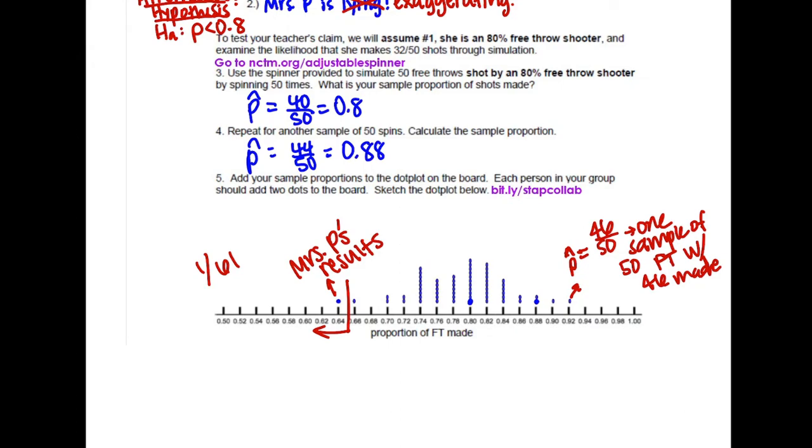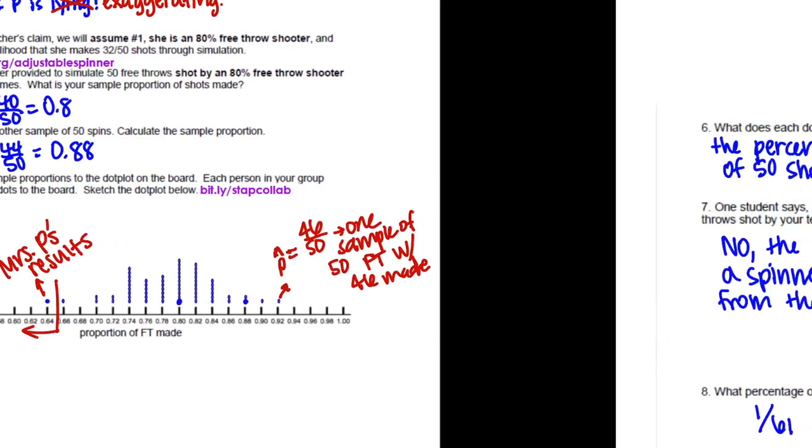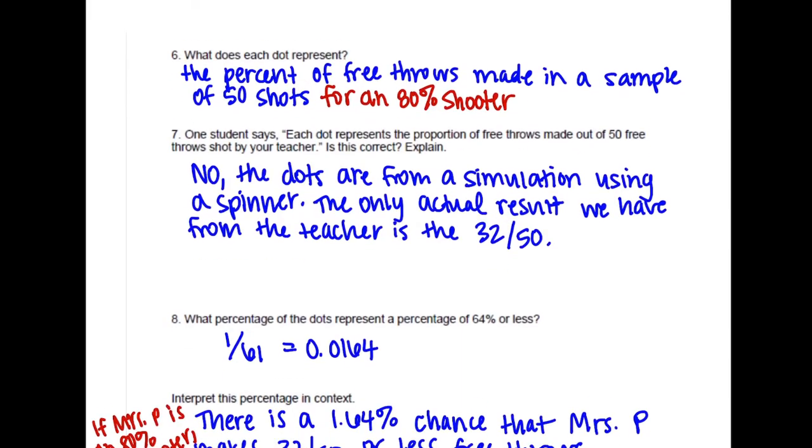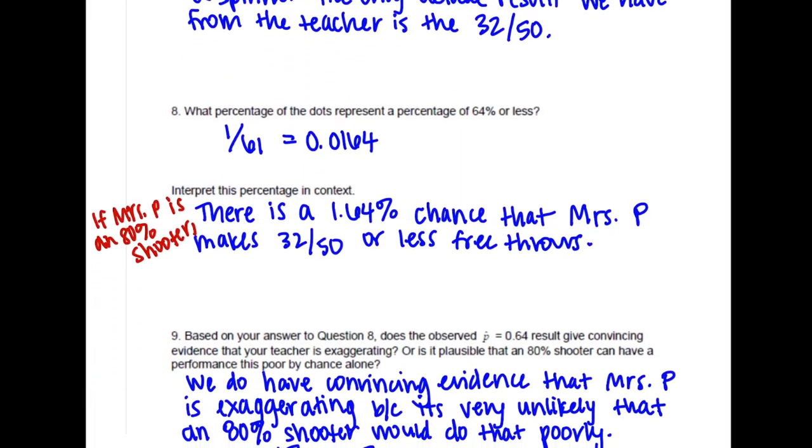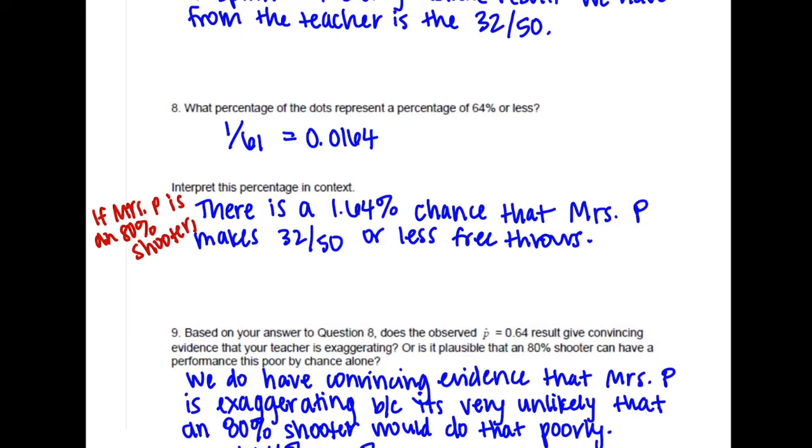But the question we're asking now is, how likely is it for someone to do that poorly just by chance, just by variability? Is that variability something we'd expect, or is it really so unlikely that we are suspicious now? And so what this is called is, both of these are really important. They're called a p-value.